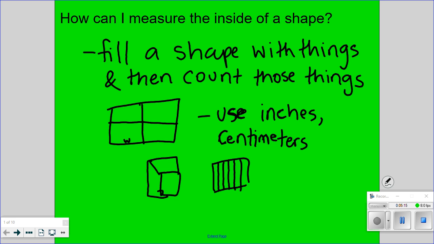But we have really big units of measure. We have things like miles. Would it make sense to measure a water bottle using miles? No, it doesn't make sense. That is way too large, and it's not going to give us an exact answer that we're looking for.